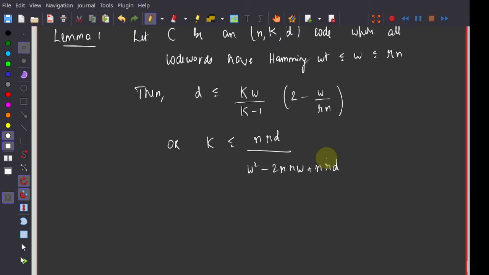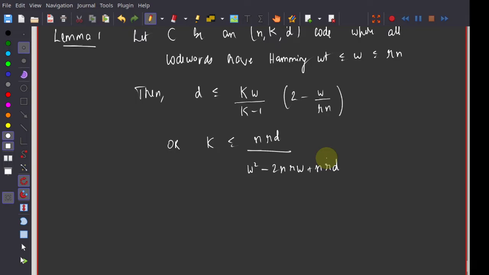So the geometric intuition is the following. What did we do in the Plotkin to derive the Plotkin bound? We basically showed that if you want the minimum distance to be sufficiently large, then the code book size cannot be any larger than whatever polynomial in n.